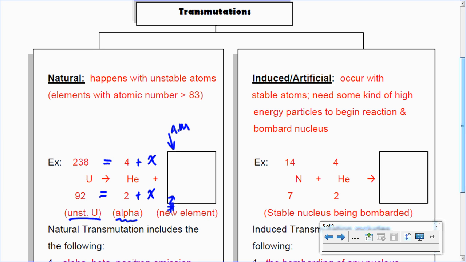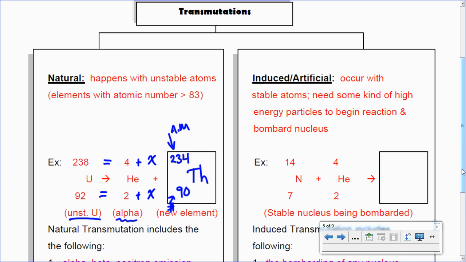So 238 minus 4 is 234. That's going to be the mass of this new element. And the identity of this new element is going to be atomic number 90, which I'll have to look on my periodic table to find. And there it is, Th, thorium, for Thor, the Norse god of thunder.